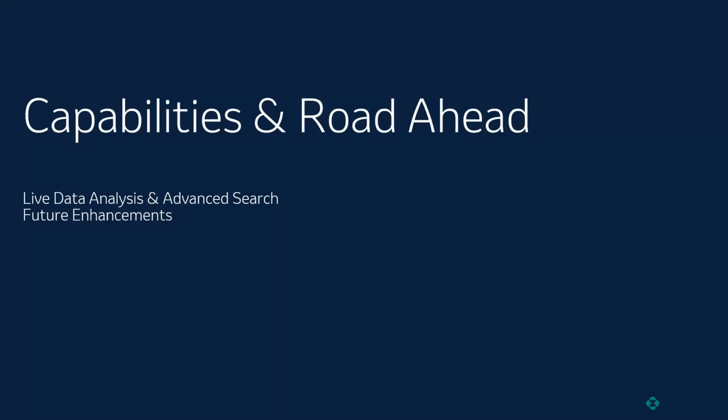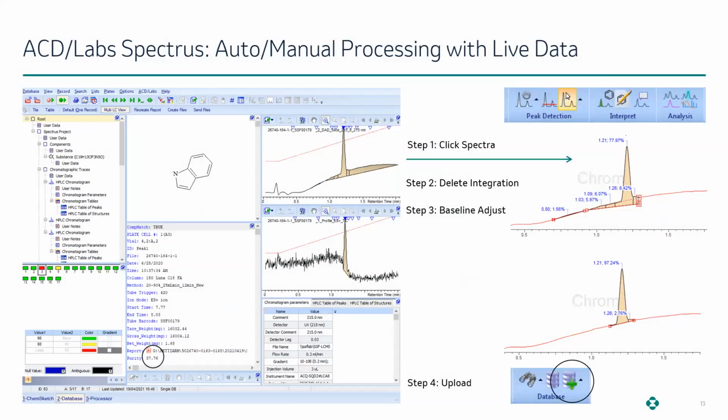Okay, so capabilities and road ahead. So as I mentioned earlier, ACDLabs Spectrus automatically processes data based on defined analysis parameters, but it is very easy to process data manually, such as performing integrations to get a more accurate purity value when automatic integration needs to be adjusted.